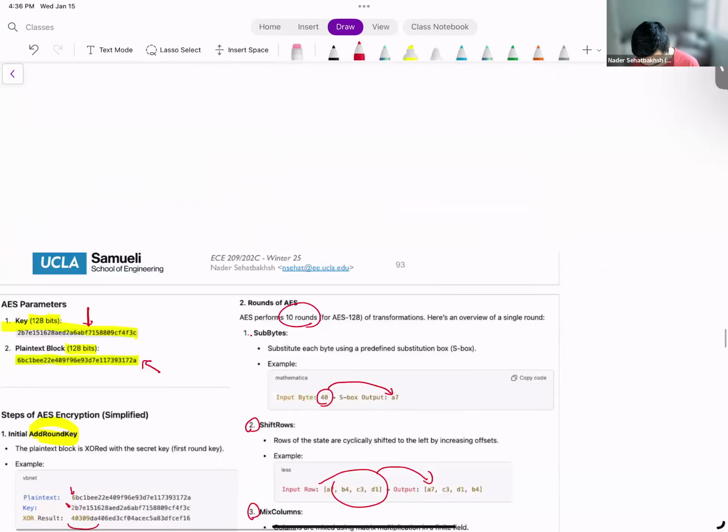Here, IV and nonce are the same thing, but you can actually call the entire thing IV. Unfortunately, you're not going to see a consistent definition at different places. Sometimes everything is called IV, sometimes it's called nonce plus counter, sometimes IV and nonce are used interchangeably, and so on and so forth. But I think you got the idea that it should be some nonce plus something that keeps changing.